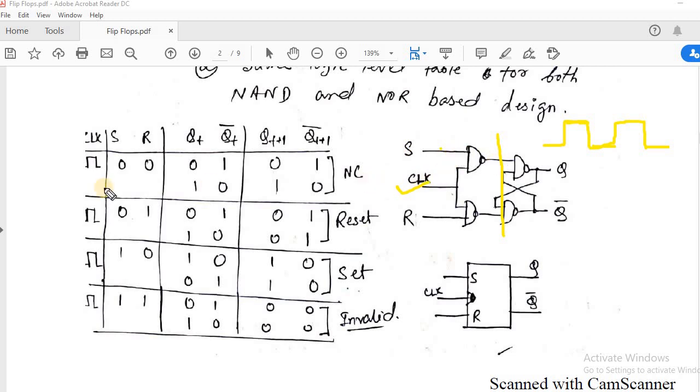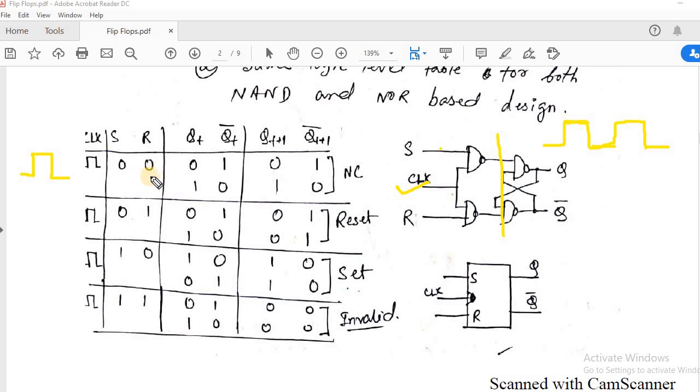Okay, so suppose in all this operation the clock is high. So we show this symbol by this, the clock is high, and we make S and R both 0.